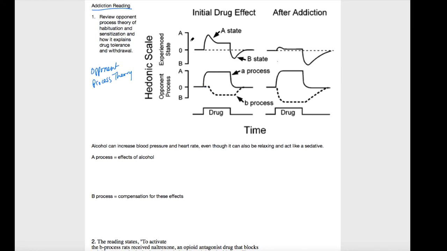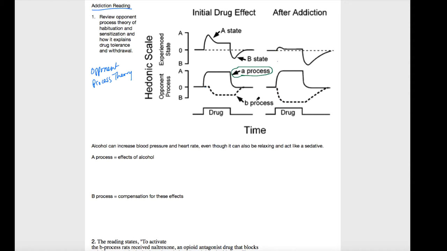So the opponent process theory has this model where a reaction to anything that produces either an emotional reaction or a physiological reaction creates really two reactions. So we have here on the bottom the underlying processes that we can see going on. There's going to be this A process, and that's the initial reaction.